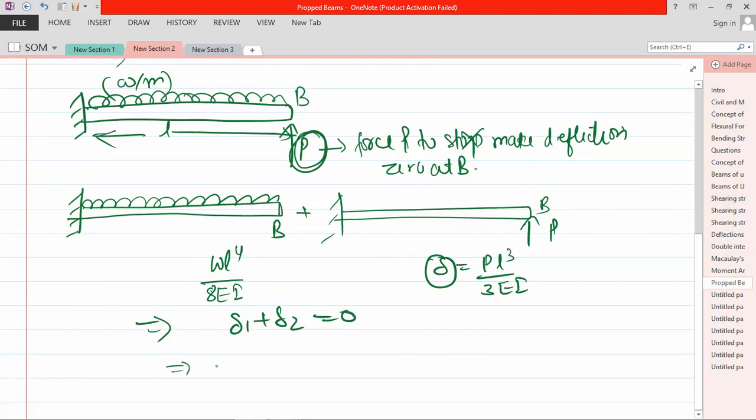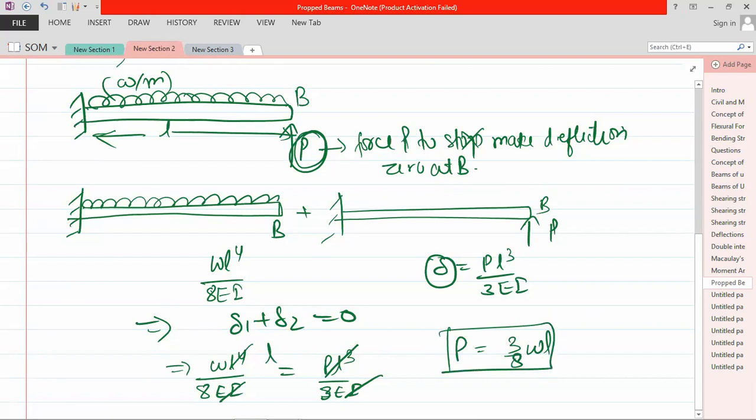Now this implies WL power 4 upon 8 EI should be equal to PL cube by 3 EI, because they are in opposite directions. So you can add a negative here and then take it to the other side as positive. Now you can obtain P as 3 by 8 WL. So this is the reaction force that is occurring at the top section.